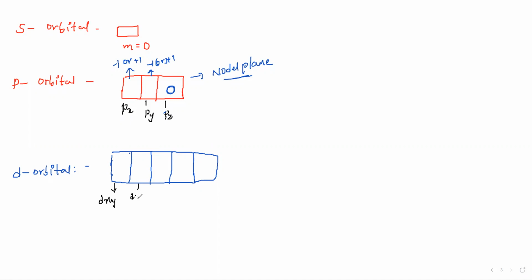and this is dyz and this one dzx and this one dx square minus y square and this one dz square. Okay.